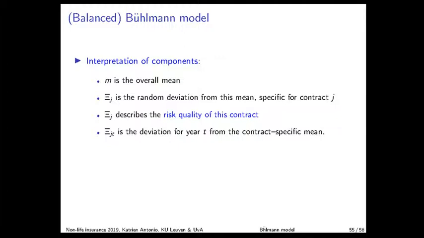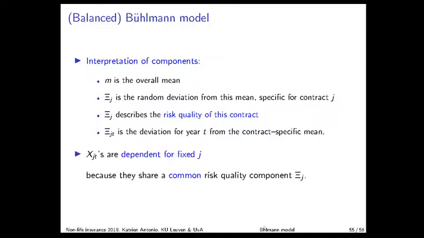Xi_jt is a noise term. It is the deviation for year t from the contract specific mean. So therefore the X_jt's are dependent when you observe them on the same contract j. And this dependence stems from the fact that these random variables share a common risk random variable xi_j.